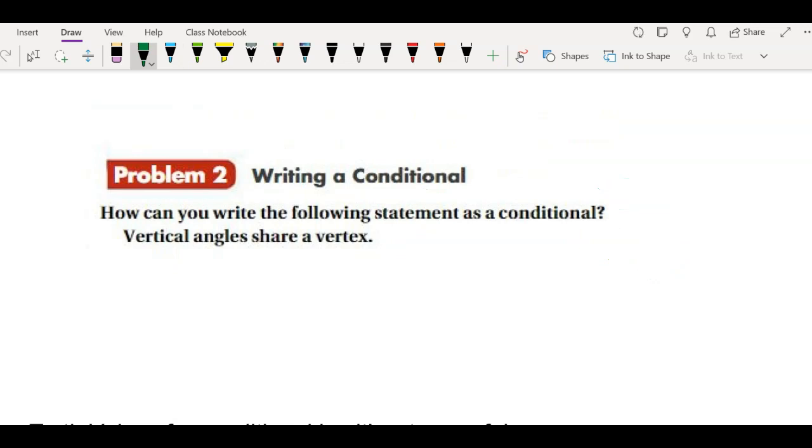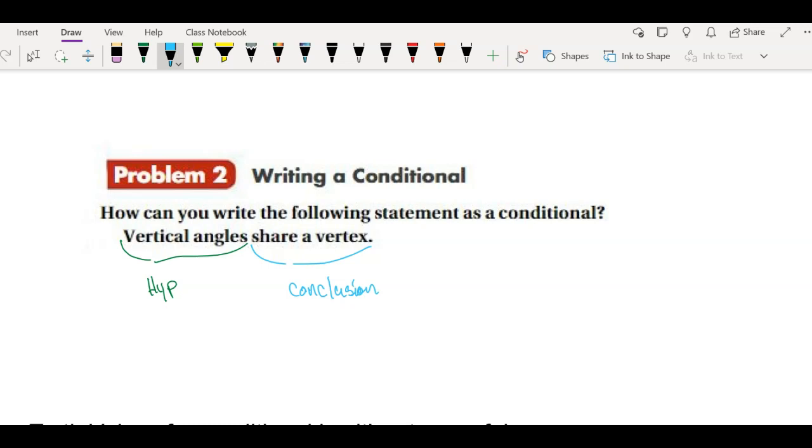So now we're going to look at a statement and write it as a conditional. So the first step is we have to identify the hypothesis and the conclusion. So vertical angles share a vertex. Vertical angles is going to be my hypothesis. My conclusion is going to be share a vertex.